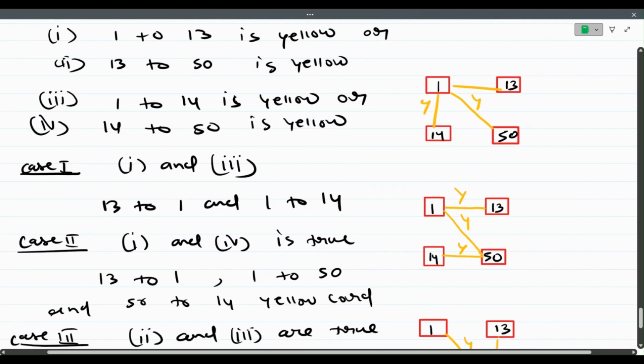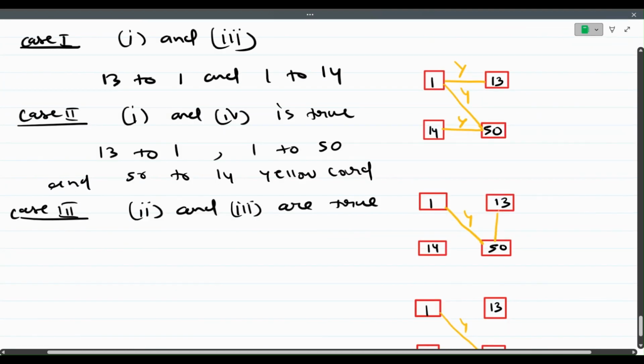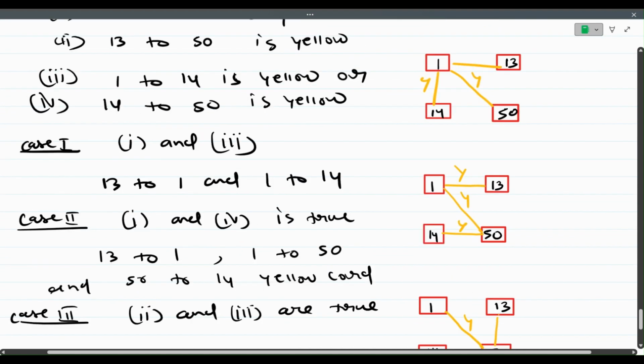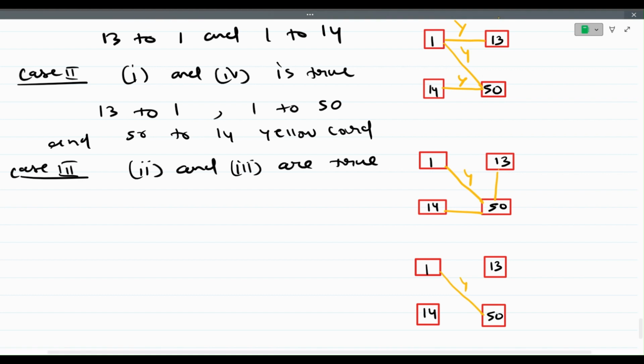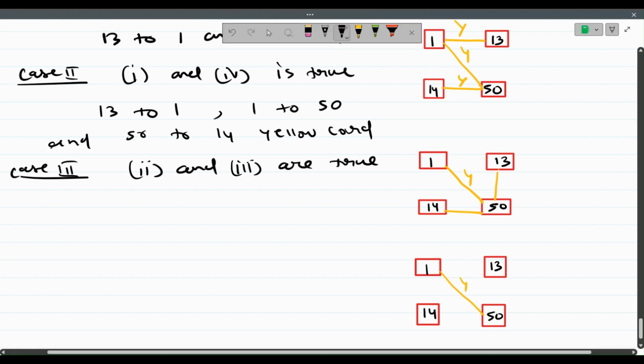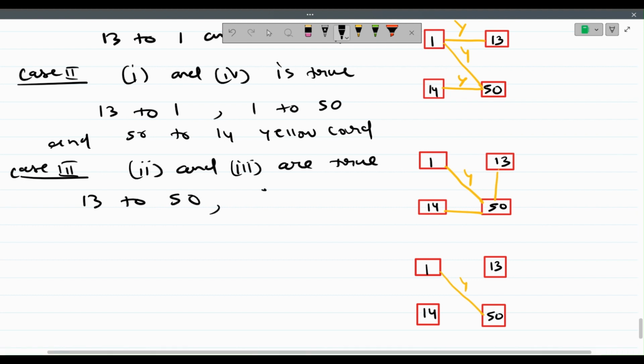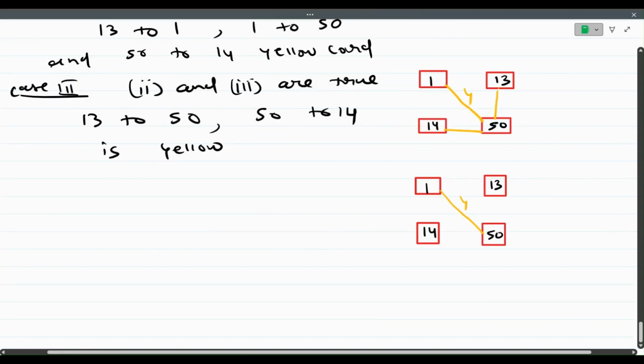So in this case, you can see the cord connecting from 13 to 50, and then 50 to 1, and then 1 to 14 is yellow. So there is a route between 13 and 14 in this case also, where all the cords are yellow.